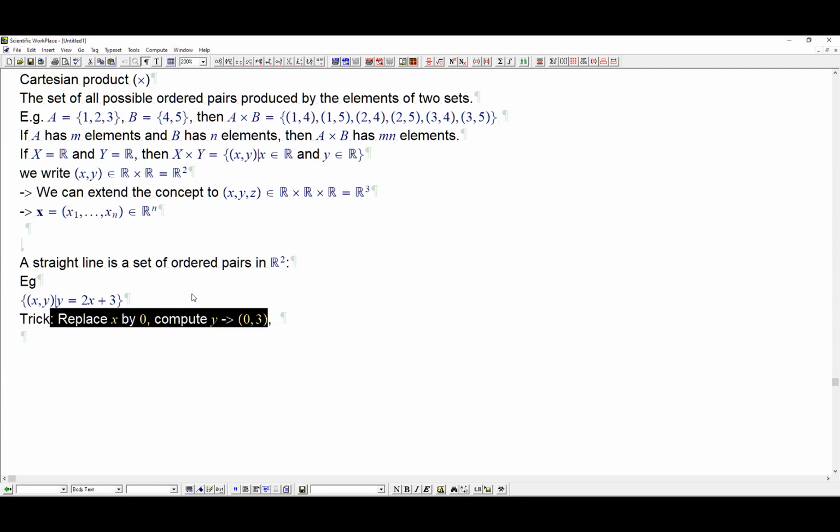And replace y by 0. Compute x, and we get what? Can somebody do it? Or is it too early in the morning? 3/2.